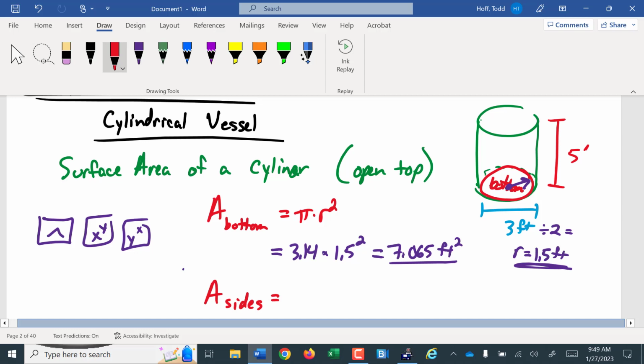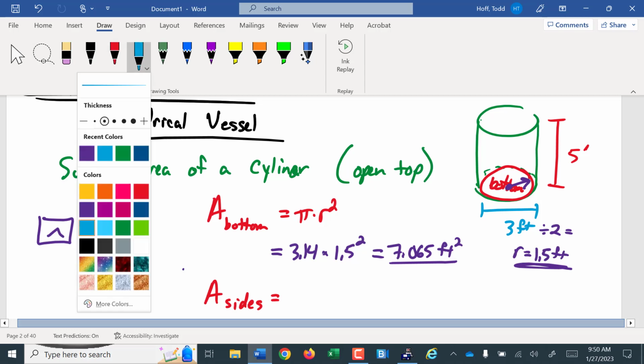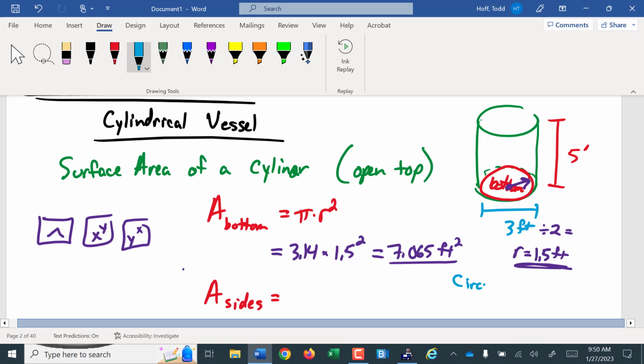How do I find the length of this rectangle? Well, where does it come from? We think of the bottom of our cylinder, it is the circumference of a circle. So the formula for the circumference of a circle is just pi times diameter, right?